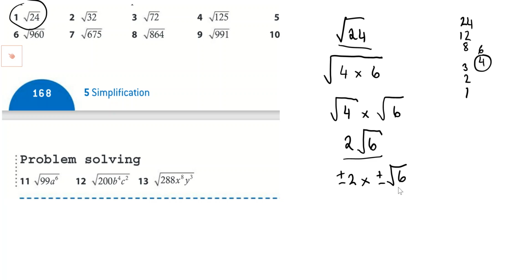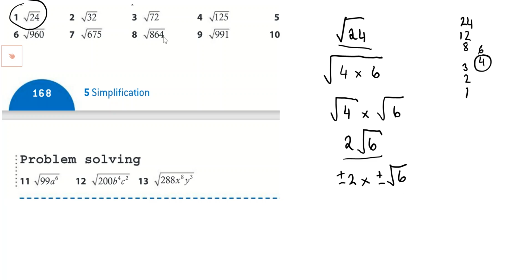But we don't worry about the plus and minuses when we're just simplifying with surds, because just like Cameron said, you've got plus and minus both parts. If you end up with only the answer 2, you would have plus and minus 2. So we don't need to worry about the plus and minus.